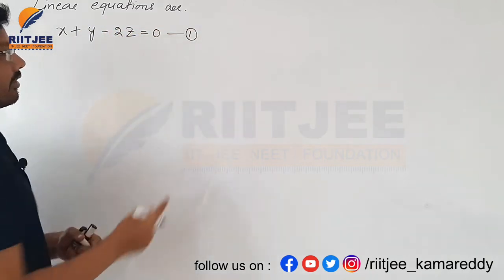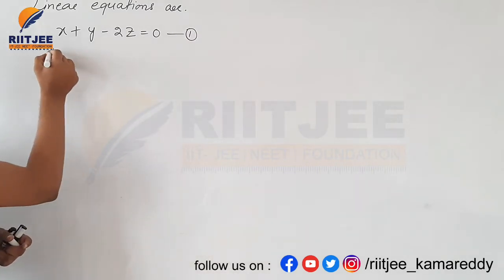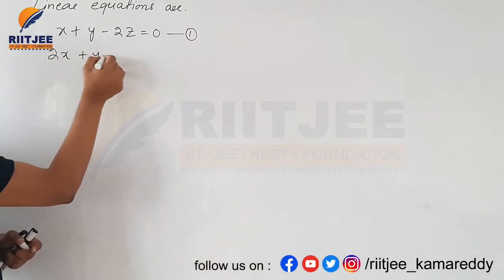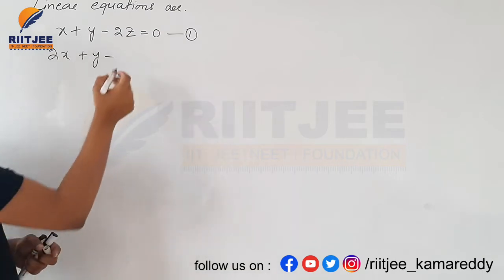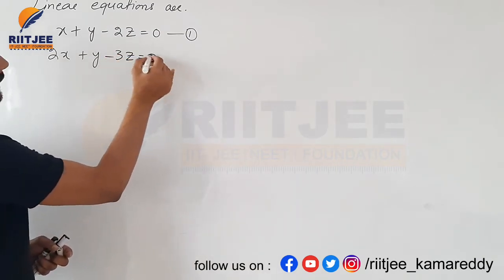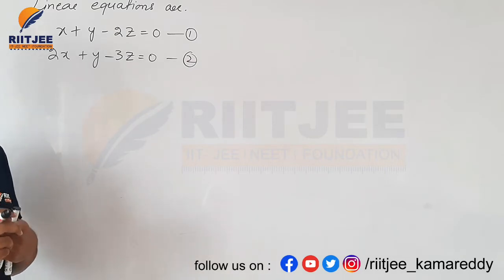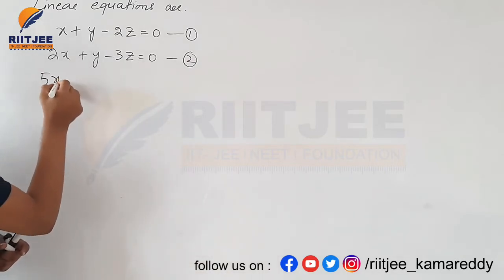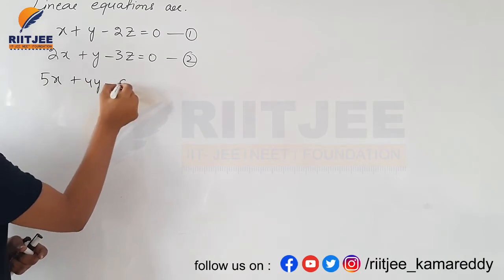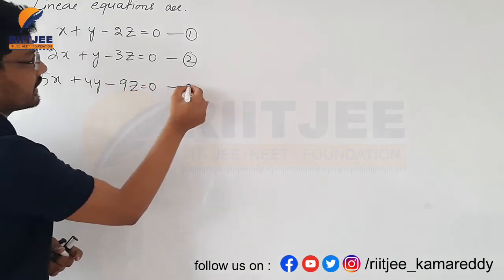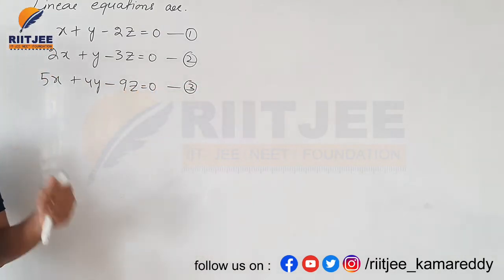This is equation number 1. And 2x plus y minus 3z is equal to 0 is the second equation. And the third equation is 5x plus 4y minus 9z is equal to 0. This is equation number 3 here. These are the three equations.